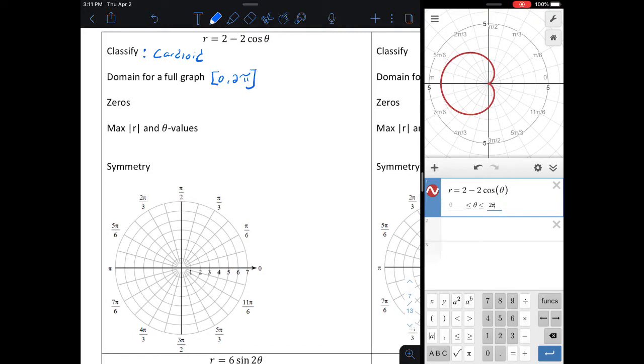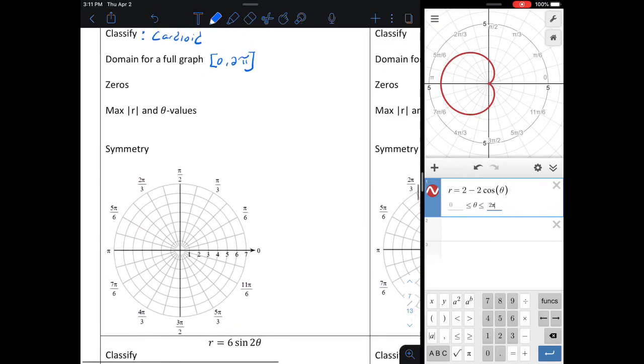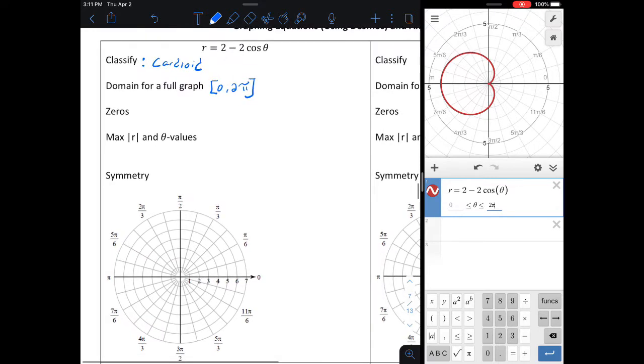Now, let's define my zeros. Technically, the zeros in this case are going to be when r is equal to 0. So when does it intersect through the pole? By hand, I would make r equal to 0 and solve for theta.